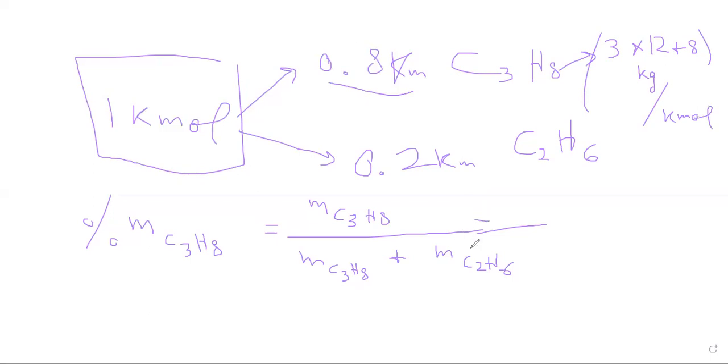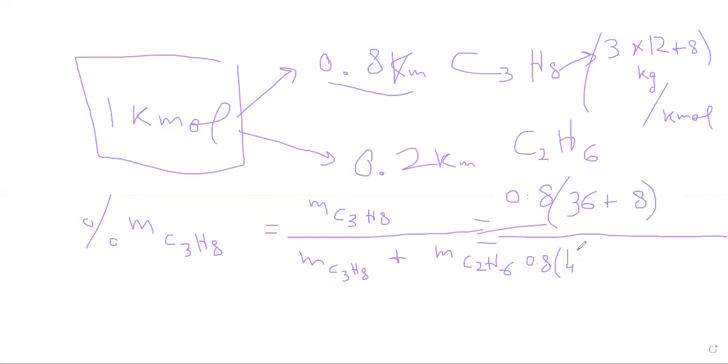So this is equal to 0.8 times 3 times 12, which is 36, plus 8, over the mass of C3H8, which I already calculated: 0.8 times 36 plus 8, which is 44.